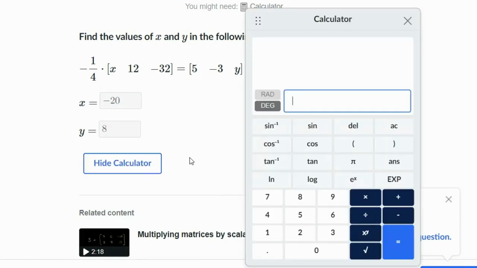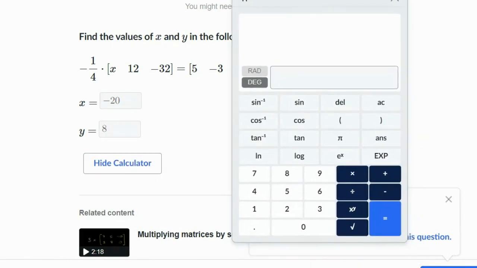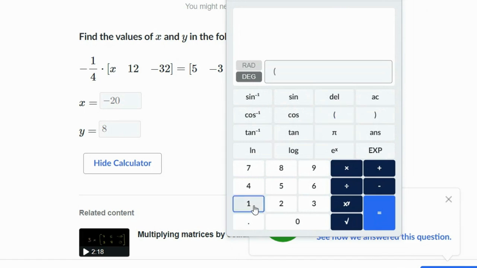If you needed the calculator, you could pull up the calculator, and you could say, what is 1 divided by 4, if you put it in parentheses? See, that's 1/4 times 32. It's 8. So you could use the fractions on the calculator, put it in parentheses. And we could have done the negative 1/4 as well.